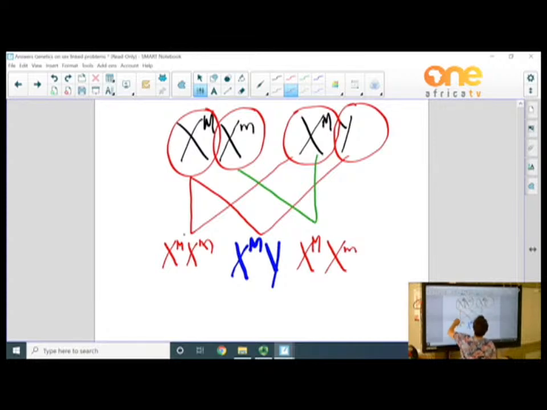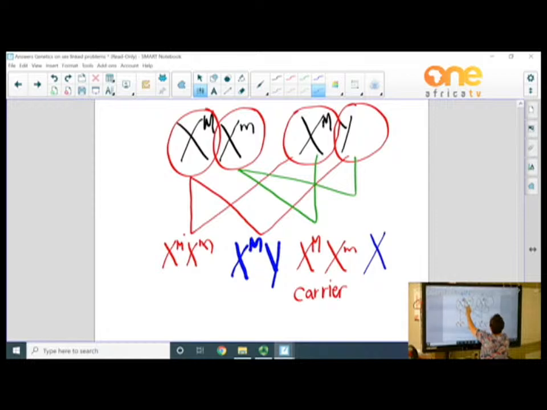Capital M, no disease. X, capital M, no disease. Small m, capital M, this will be a carrier girl. And the last one will be a boy again with a small m. This will be a boy with the disease.